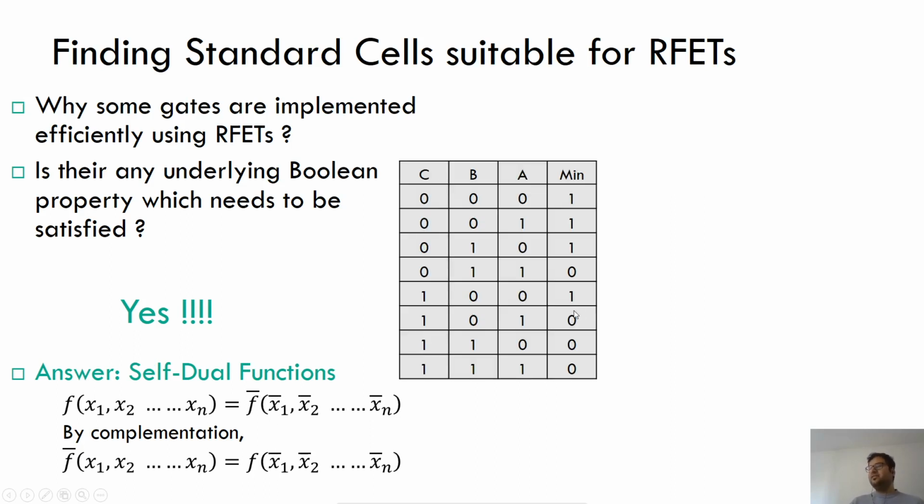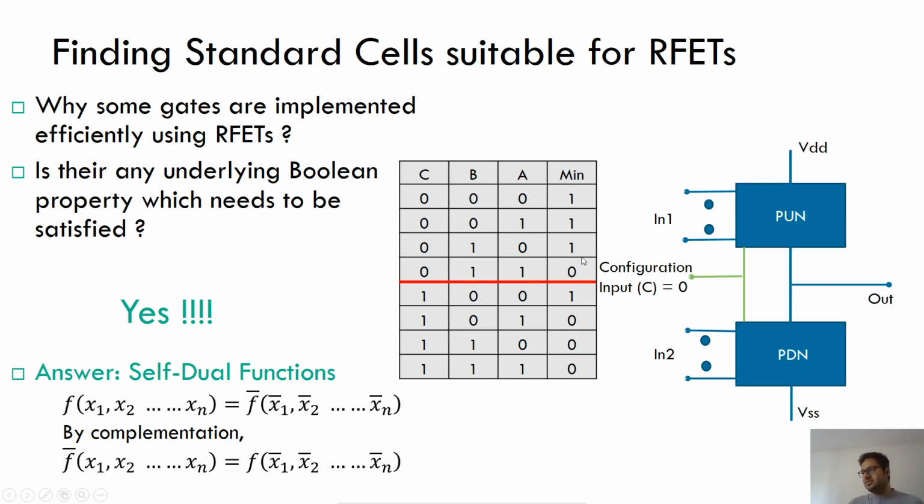If you look at a minority logic truth table, you have 3 inputs and this is the final output. If you look at this particular red line, if we flip the inputs, the output also flips, right? So C can be the configuration input, as we have seen in the previous slide, which when flipped changes the pull-up and the pull-down network to give this minority functionality.